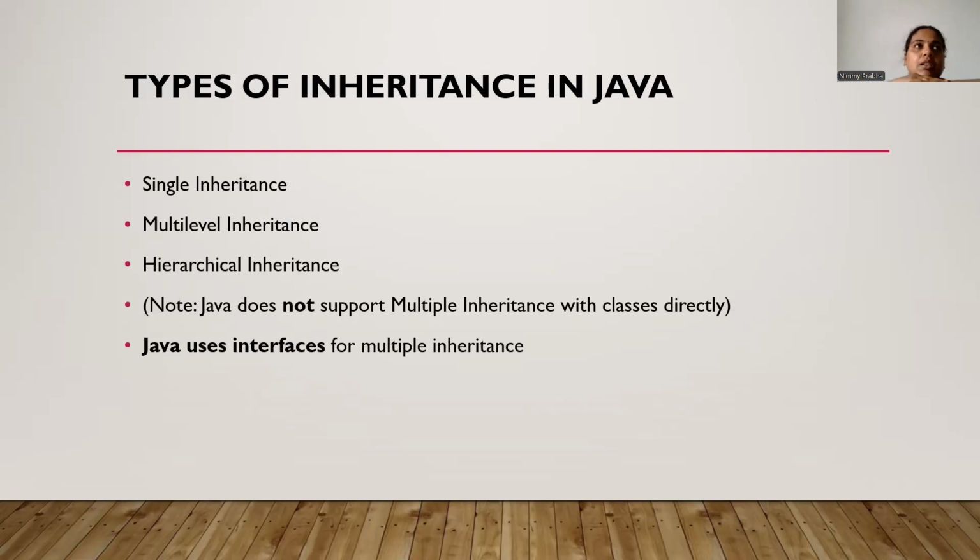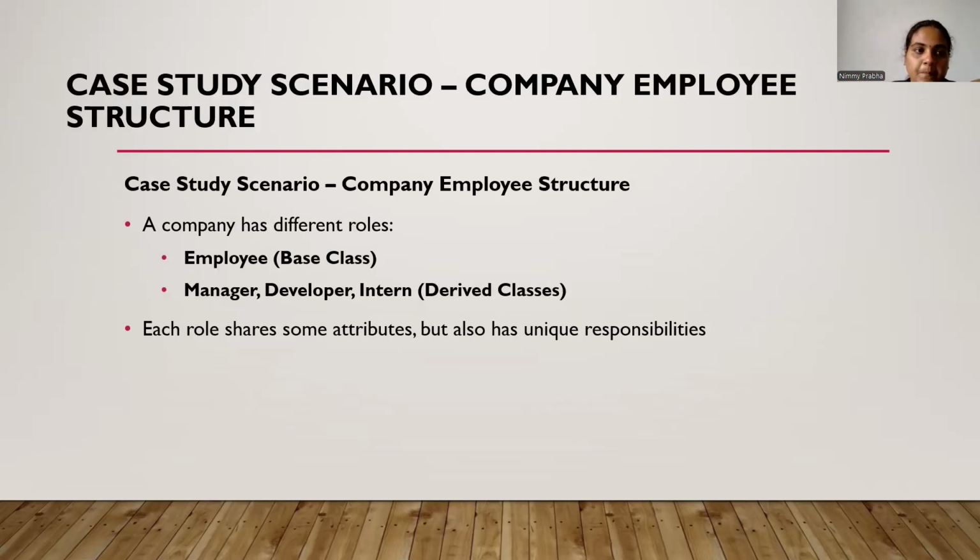If A and B are superclasses and C is a subclass, C cannot inherit both A and B. That is multiple inheritance, and Java does not support it.